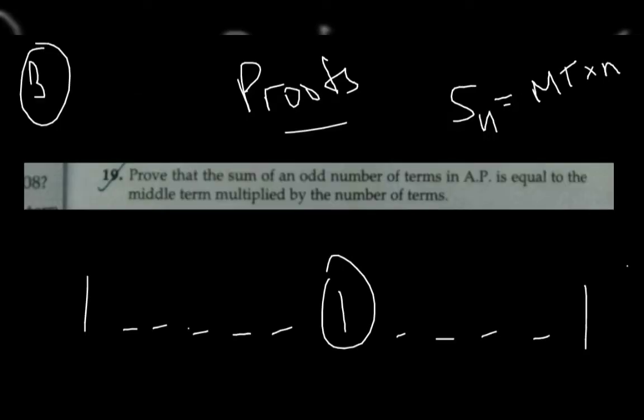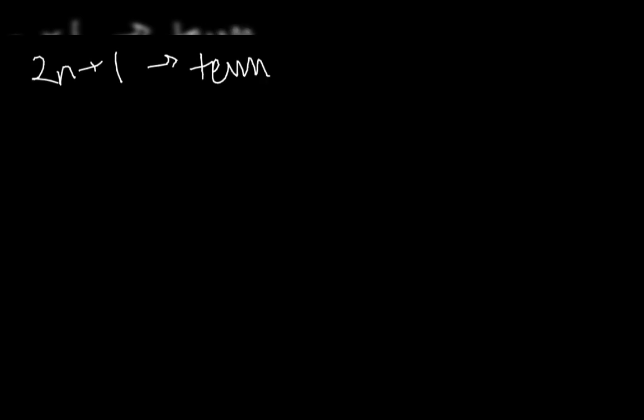So let's start the proof now. The essence here is to understand the terms. I will declare a 2n plus 1 term AP. How will the AP look?